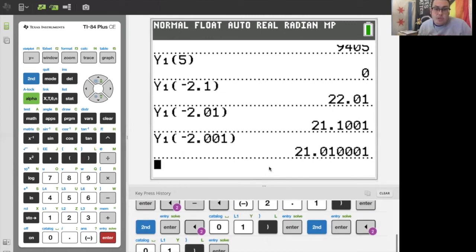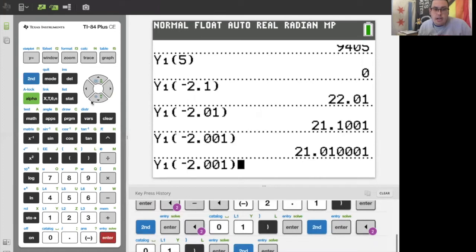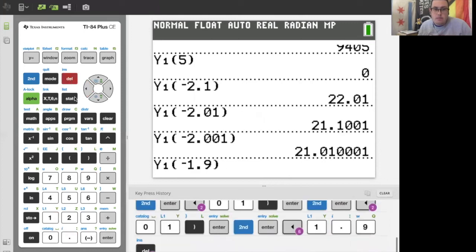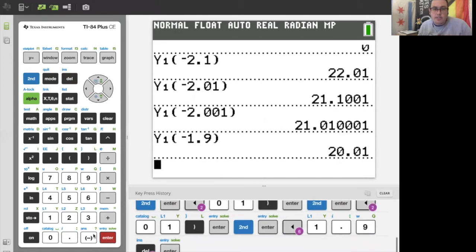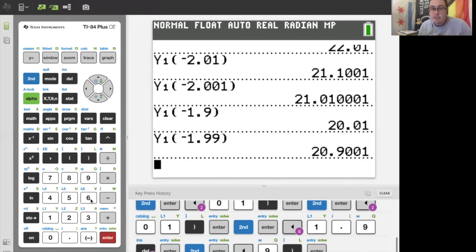And again, we're going to do the same thing going in the opposite direction. If I do it with -1.9, that's 20.01. If we do -1.99, 20.9001.